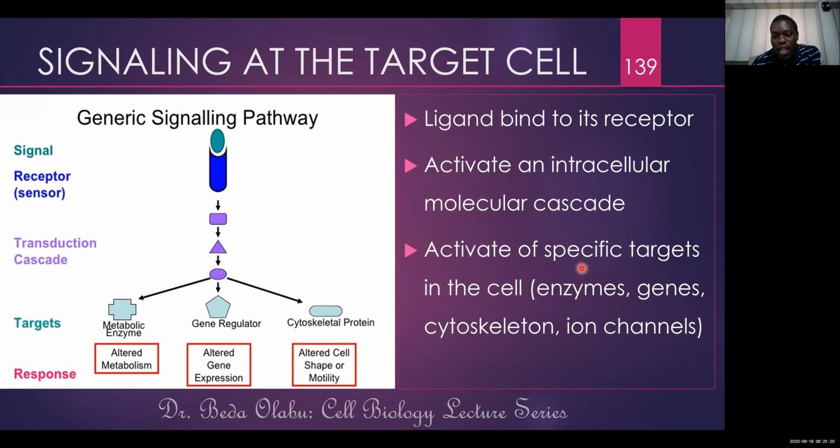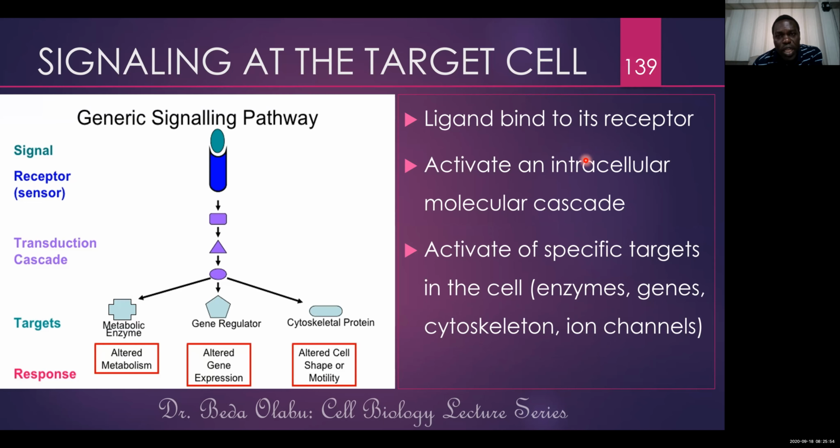So it could be that an enzyme is activated within the cell. It could be genes are activated within the cell. It could be the cytoskeleton that is activated. You remember microtubules, microfilaments, intermediate filaments. These are the ones which are activated. Or it could be ion channels which are activated by this intracellular cascade.